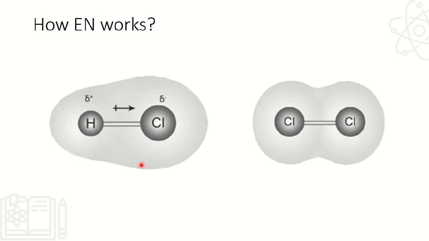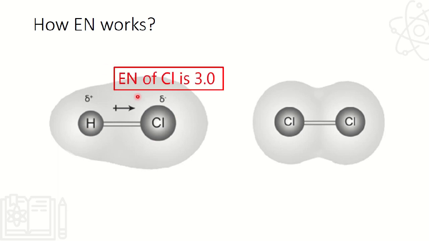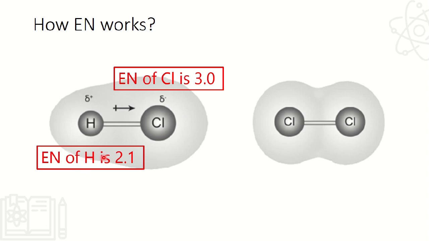So another example, let's have the bonding between hydrogen and chlorine and bonding between chlorine and chlorine. So two chlorine atoms, and a hydrogen and chlorine atom. Dun tayo sa una, let's have the first figure. Ang ating chlorine, pag tinignan natin sa periodic table, meron siyang electronegativity na 3.0. Then, ang hydrogen naman is 2.1 ang electronegativity niya.